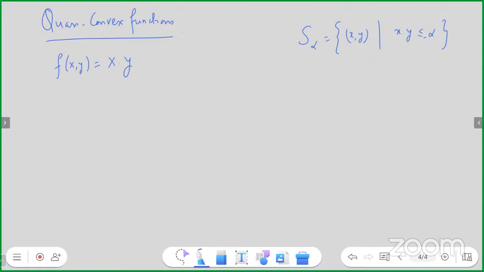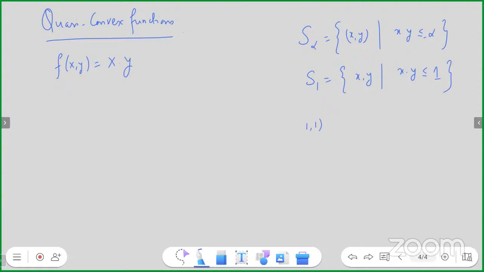So if we take alpha as 1, S1 is what? We take two points: 5 comma 1 by 5 and 1 by 5 comma 5.